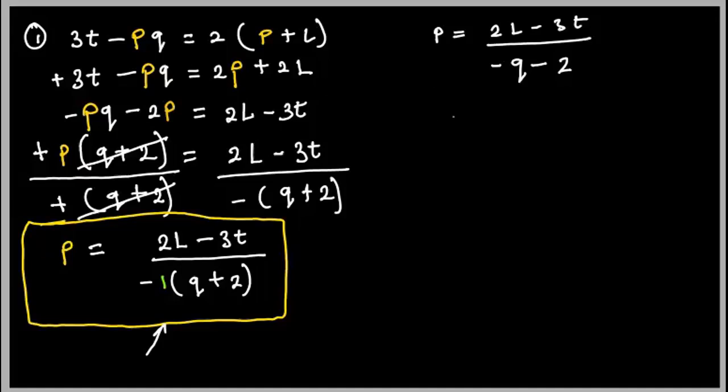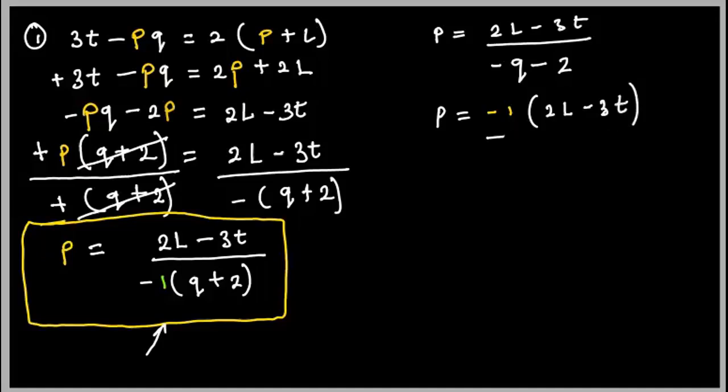So I will have that p is equals to, somebody can choose to multiply by minus 1. So minus 1 multiplied by 2l minus 3t.